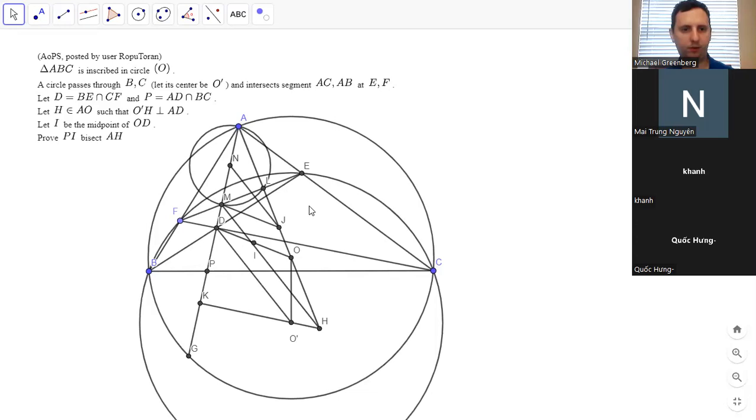So yeah, there's a lot of interesting things here. I don't know if I need to draw this whole circle. Actually, let me see.